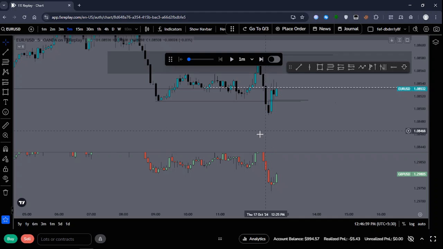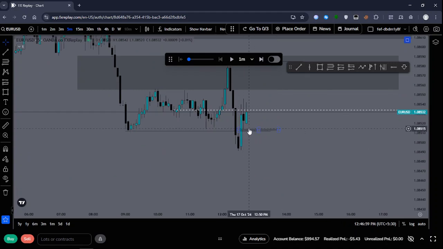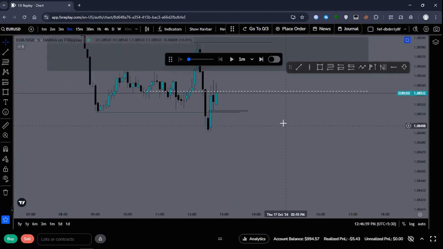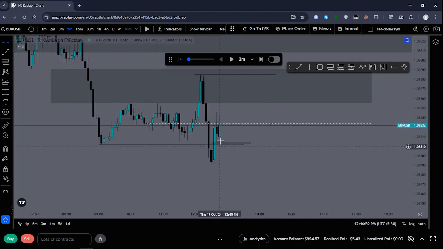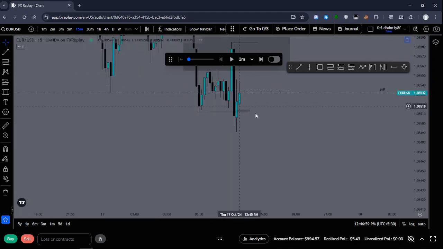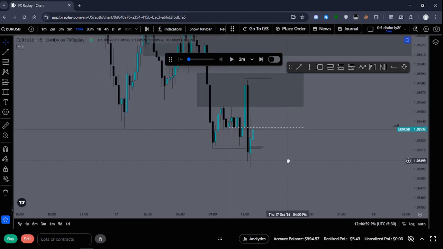I can look to see if this one is respected, and price goes higher from here, or I can look to see price breaks through and continues to the downside with some more confirmations. Hard to say actually.